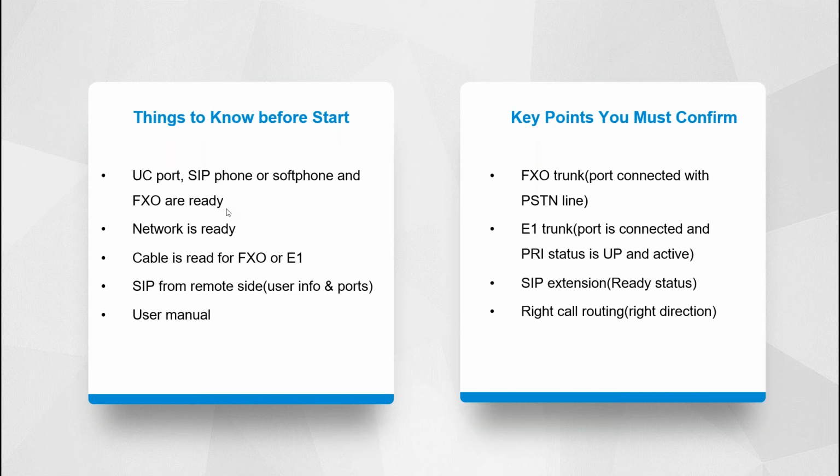Then you have to make a cable to transfer from RJ45 to RJ11. And if you have E1 or T1 connecting to our gateway or our UC or PBX, you have to check your cable, make sure your cable is right.